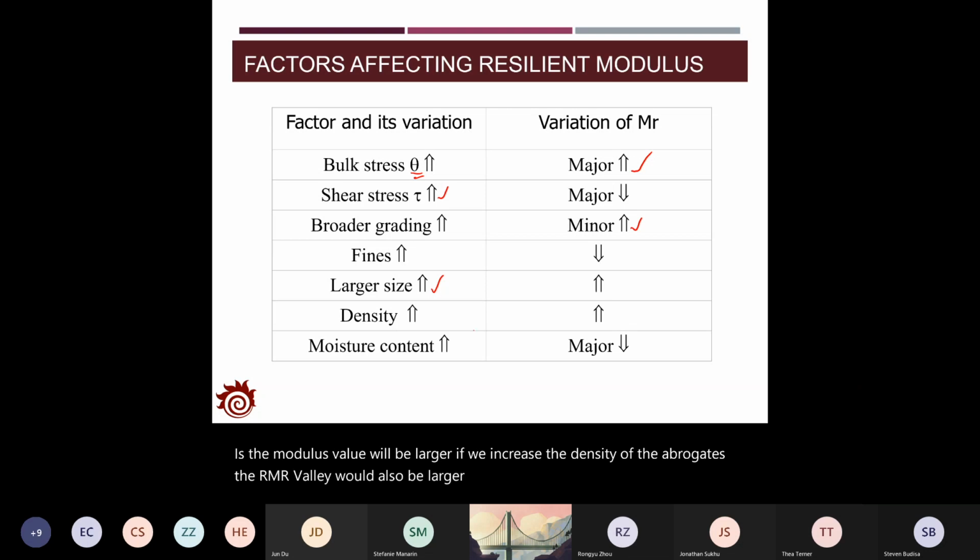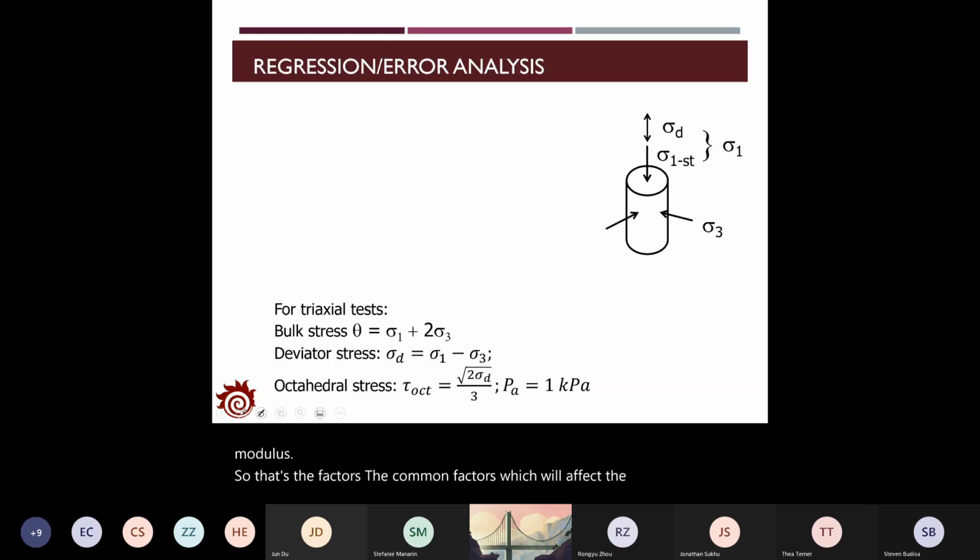And the last one, the moisture contents, also has a very significant impact on the resilient modulus. By increasing the moisture contents, we can observe a very obvious reduction in the resilient modulus. Those are the common factors which will affect the values of the resilient modulus.